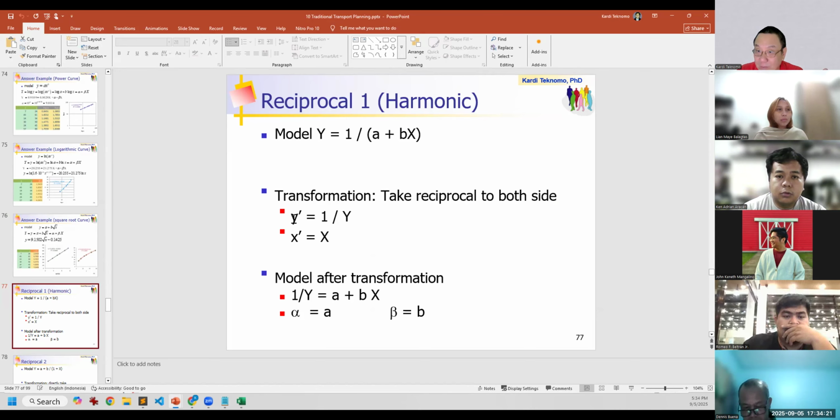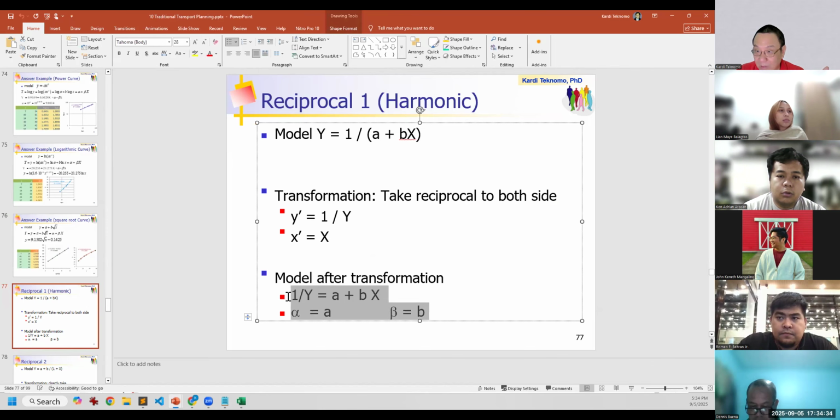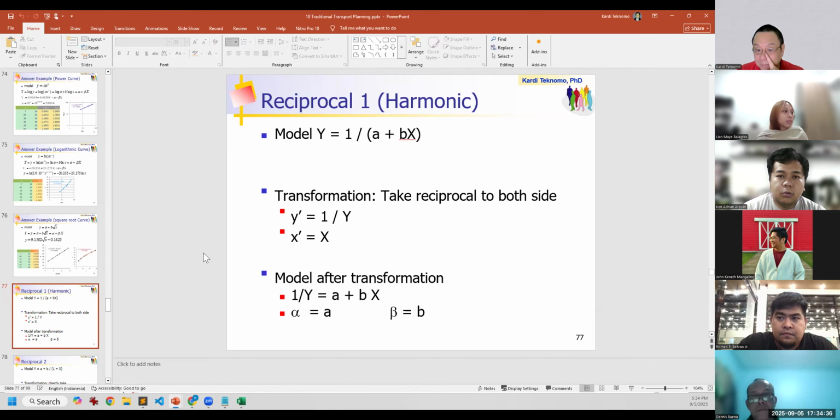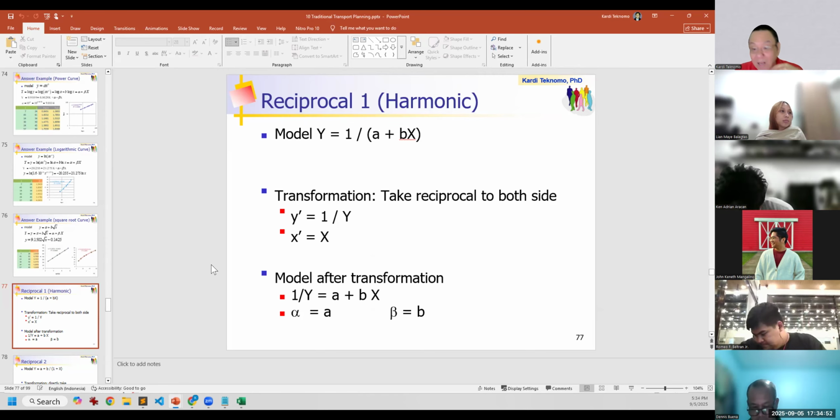So this small y with accent is 1 over y, and x is actually the same x. Then you will get this result, the model after transformation. Depending on the transformation, now you can get the slope and the intercept. In this case exactly the same: alpha is equal to A, beta is equal to B after you transform.